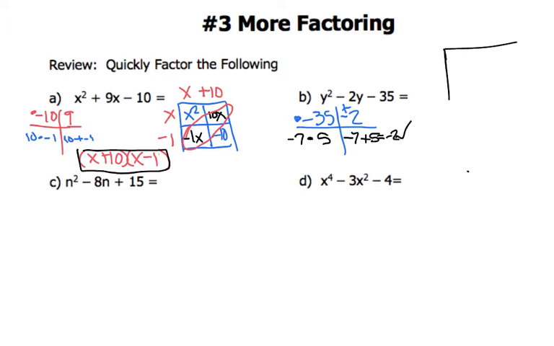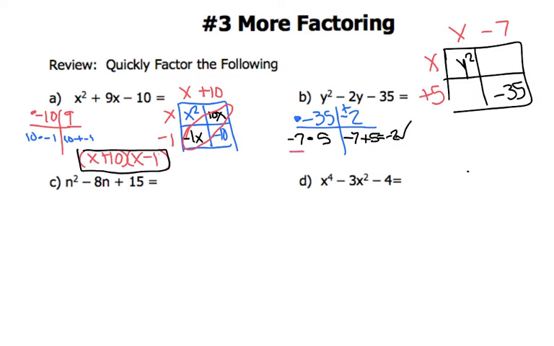Again, you can always check yourself by using the box here. So it'd be y squared, -35. We have y minus 7 and y plus 5 is what we discovered. This would be -7y and +5y.